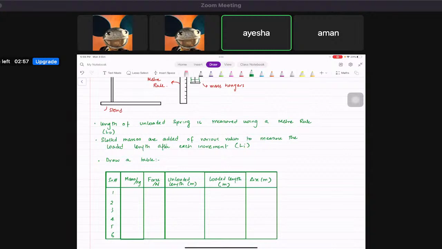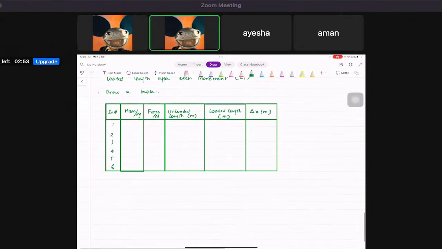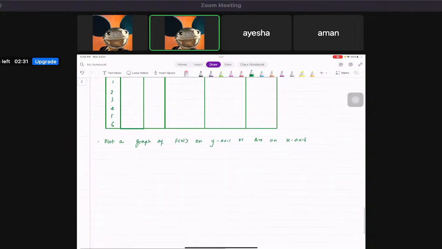Then what you're gonna do is you're gonna plot a graph of force in newtons, force on the y-axis, versus delta x on the x-axis, and the graph would look like this.